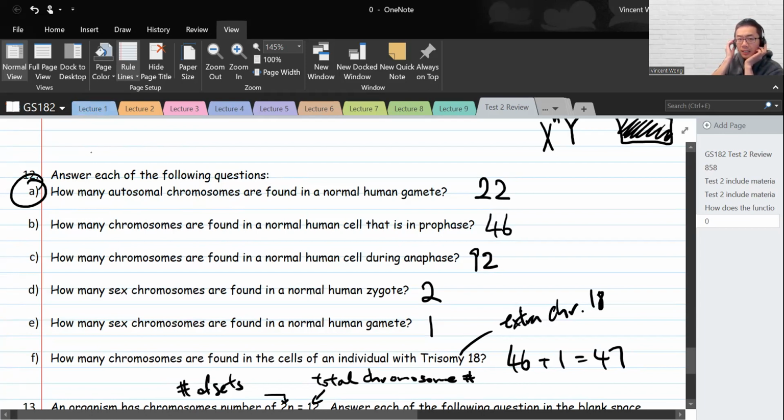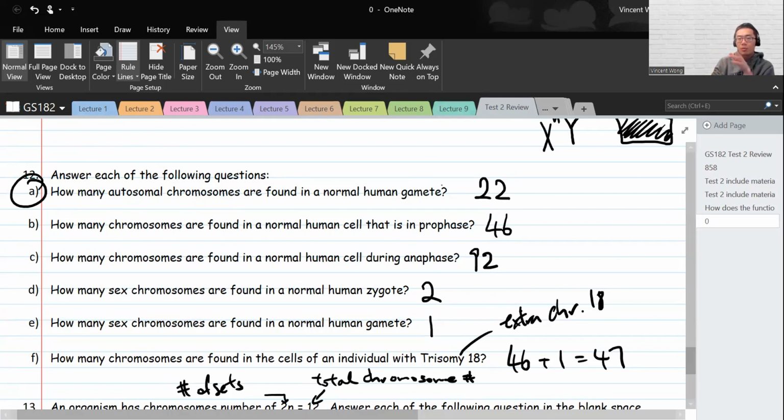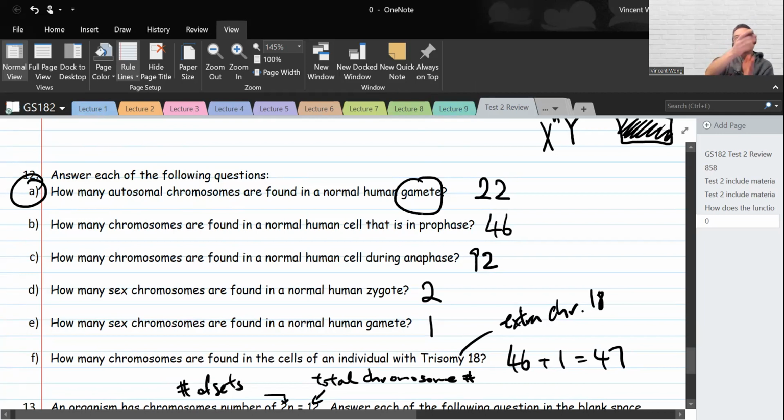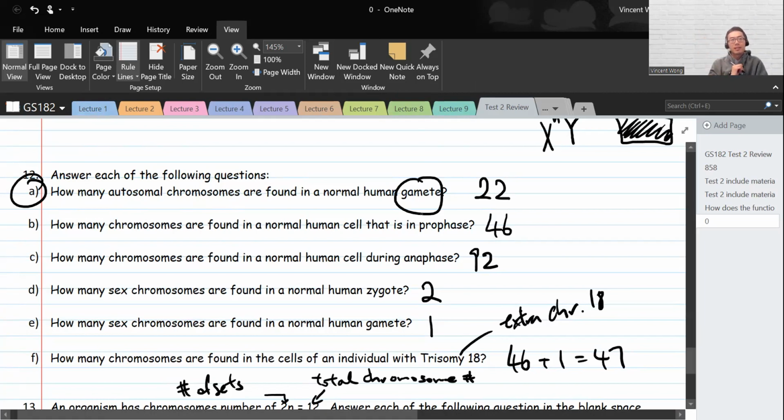Do you mean 22 pairs of chromosomes? No, I don't mean 22 pairs. I mean 22 chromosomes because this is gametes, right? In a gamete, it's only half the genetic material. So you're not getting 22 pairs. You're only getting one of those pairs, right? Do you get it? Okay.